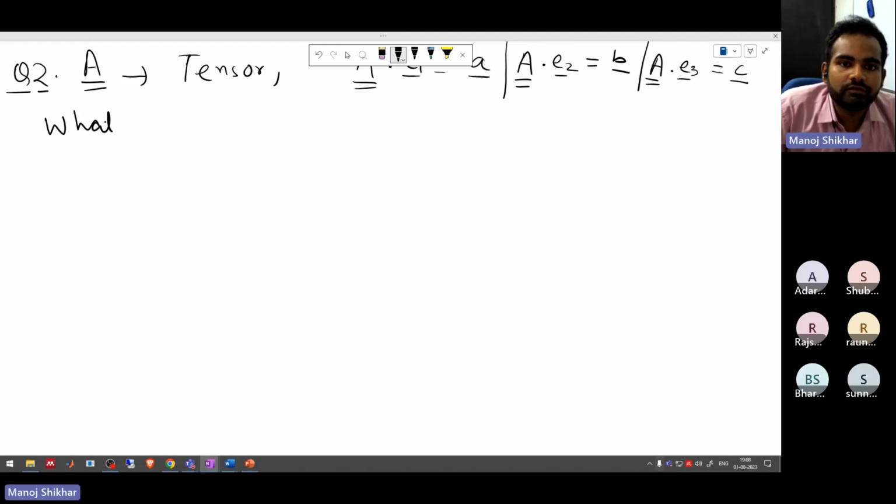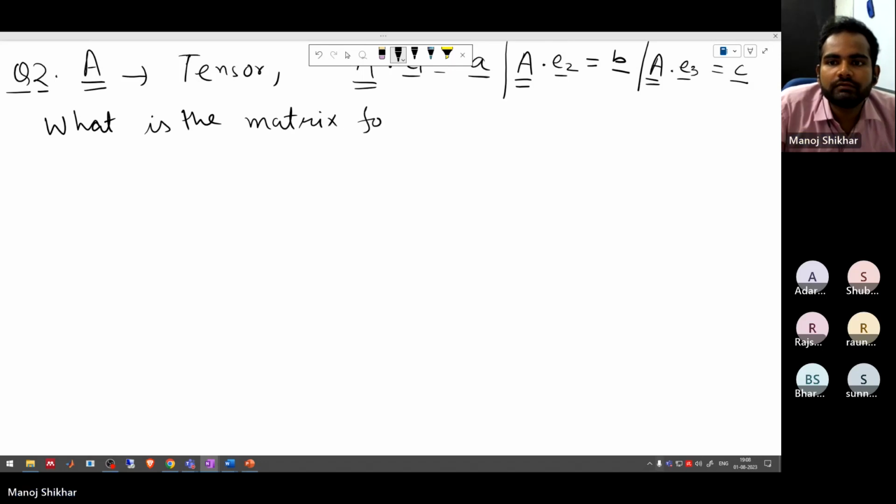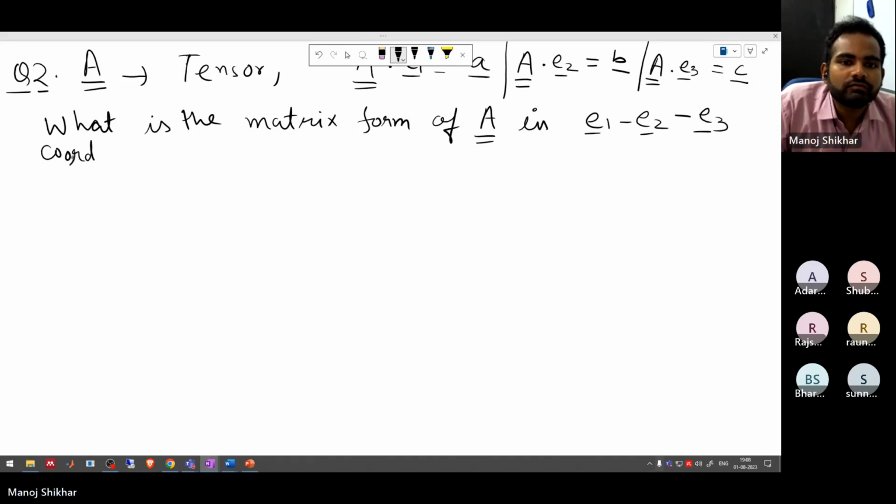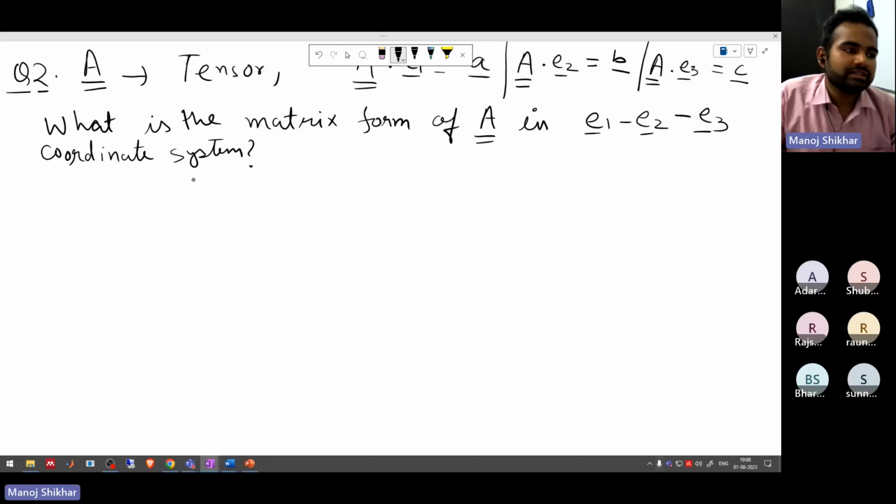And the question is, what is the matrix form of A in the E1, E2, E3 coordinate system? So you can see the beauty of this question.